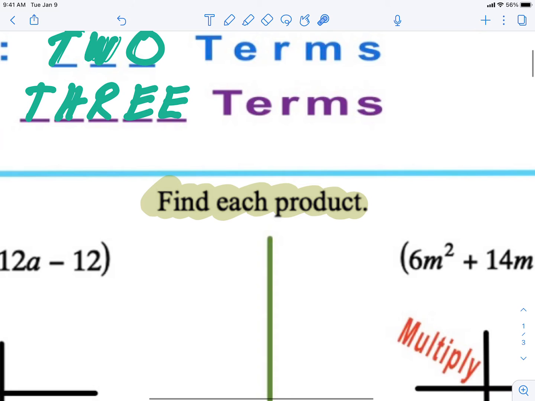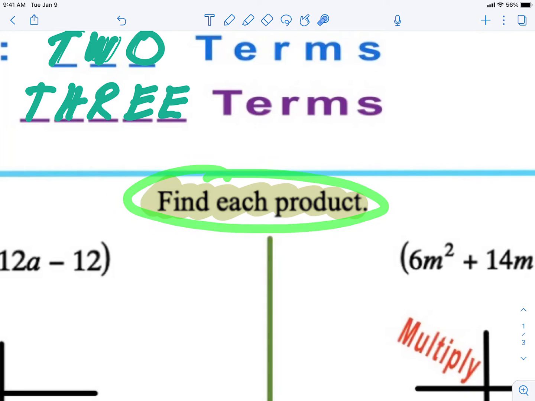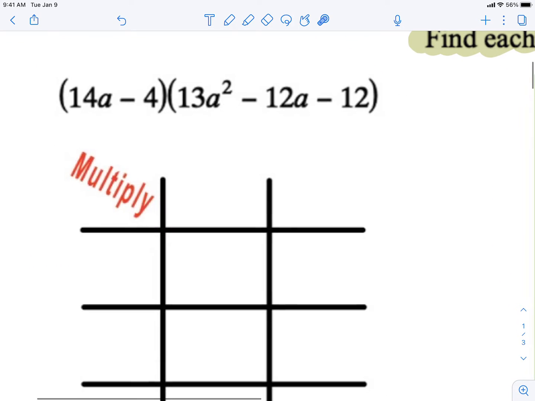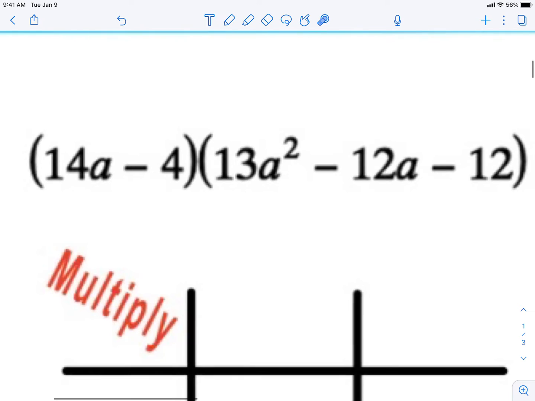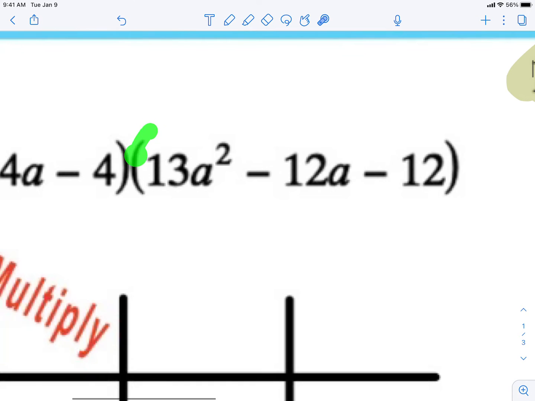We already covered that we're going to find each product. And remember, product means the answer to a multiplication problem. Let's look at our first example here. It says 14a minus 4 times 13a squared minus 12a minus 12.